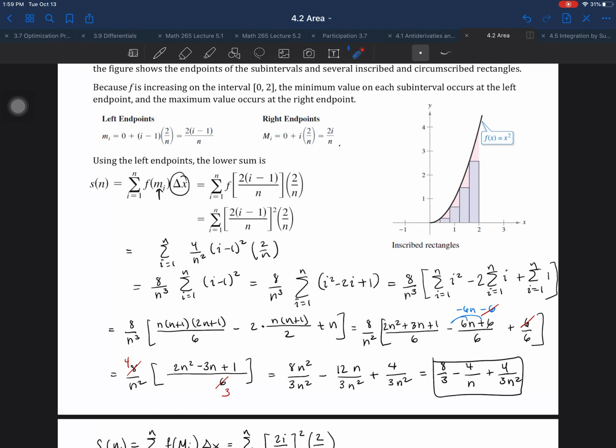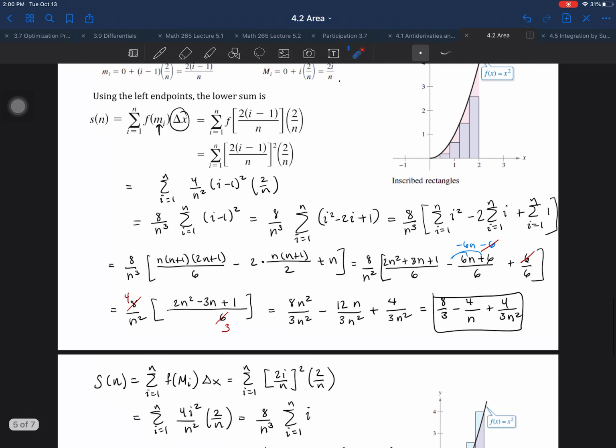What I'm going to do now is distribute, expanding this part of the expression, and that's how I got i squared minus 2i plus 1. And then from there, I separated each of the terms into their own series. I left a big bracket here to tell the reader that I'm multiplying this to everyone.